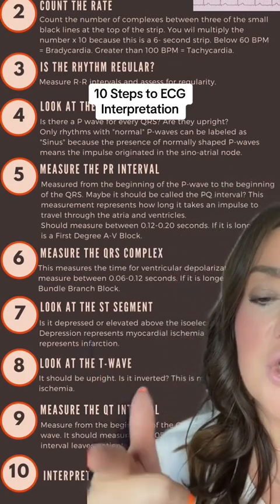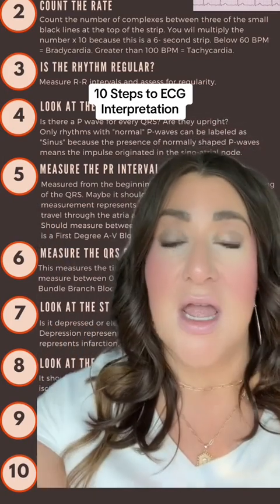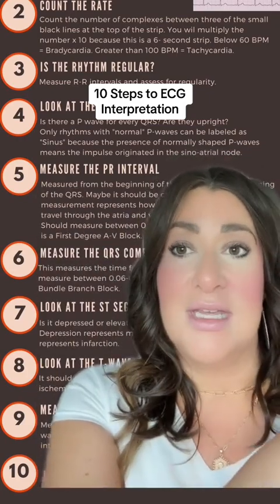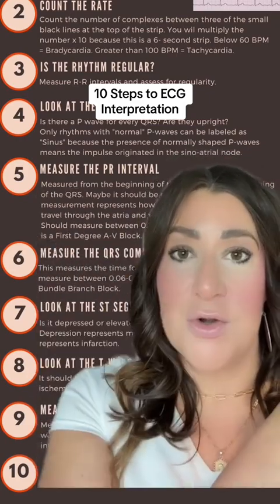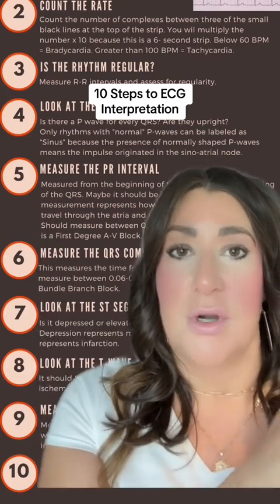Finally, we're going to measure the QT interval. That's like the entire thing, from where the Q wave begins until the T wave ends. That represents the entire cardiac cycle, as far as the ventricles are concerned.